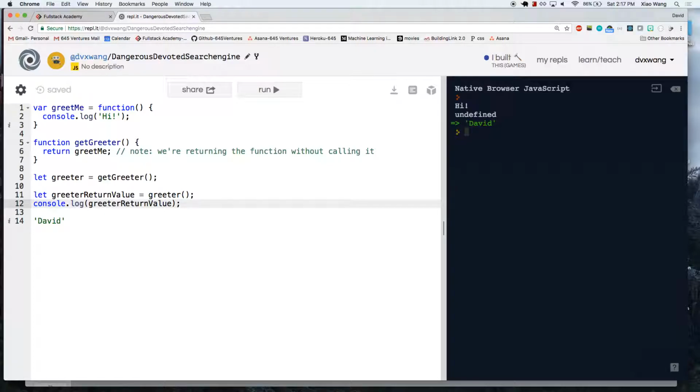Greeter is running, so it's logging out hi. It's also returning undefined. So in this case, it's just two things: it's logging something, then it returns something. Logs hi, we see that. Returns undefined, great. We capture undefined in this greeterReturnValue variable. And when we log it out, it's going to log out the white undefined here. All we did was basically move this inside the parentheses, so it does it all in one step. But that's effectively the step-by-step breakdown of it.